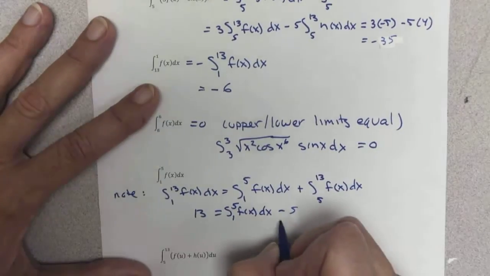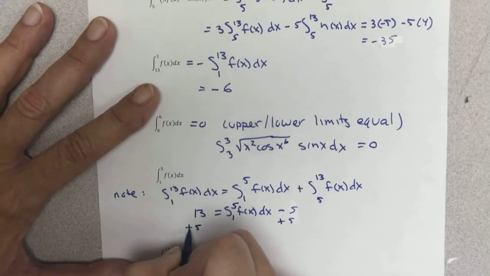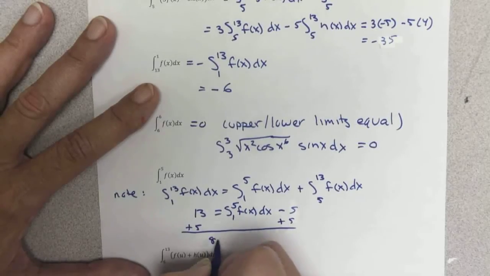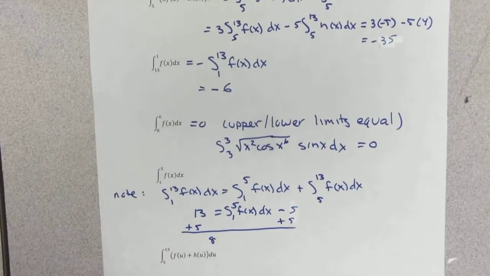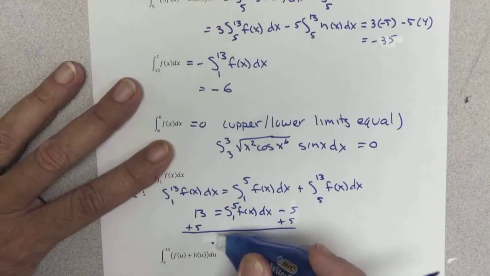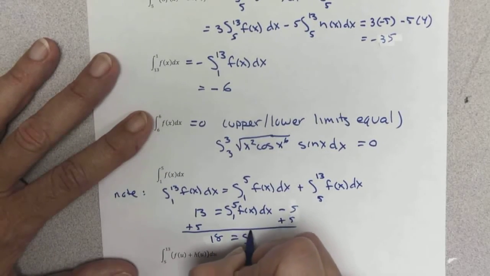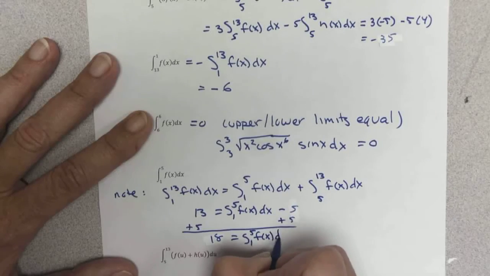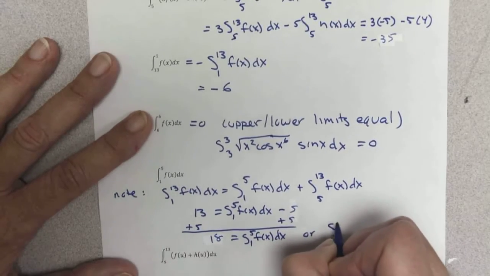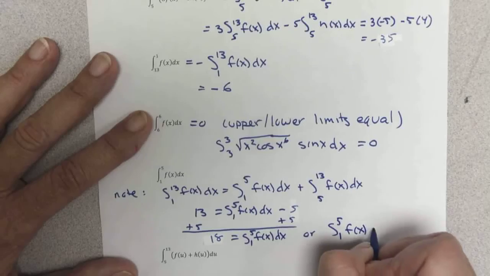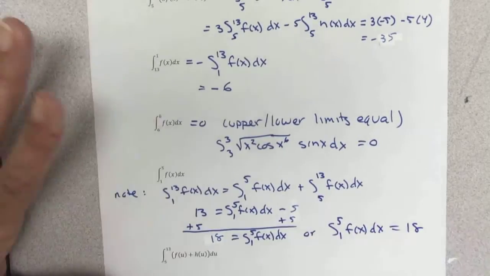Add the 5 to the other side. And so we get, let's add correctly, 11 equals the integral from 1 to 5 of f of x dx. Or if you don't like it in that order, 1 to 5 of f of x dx equals 11.